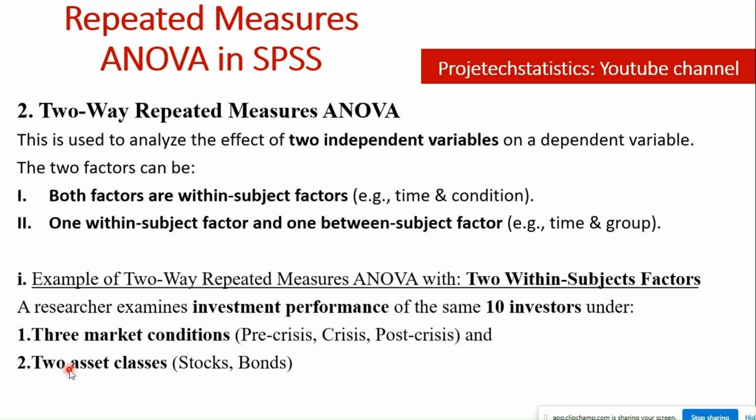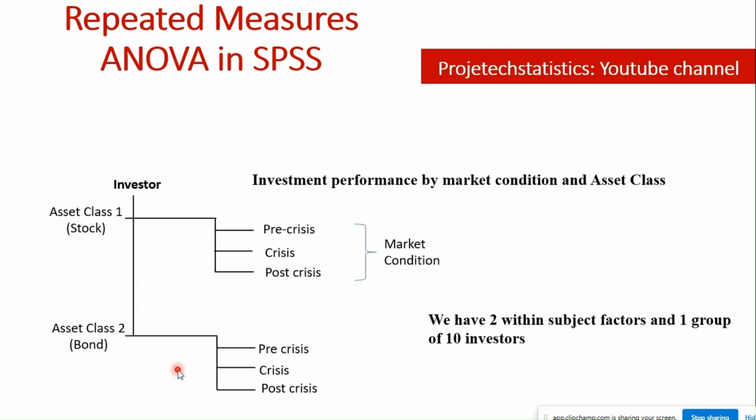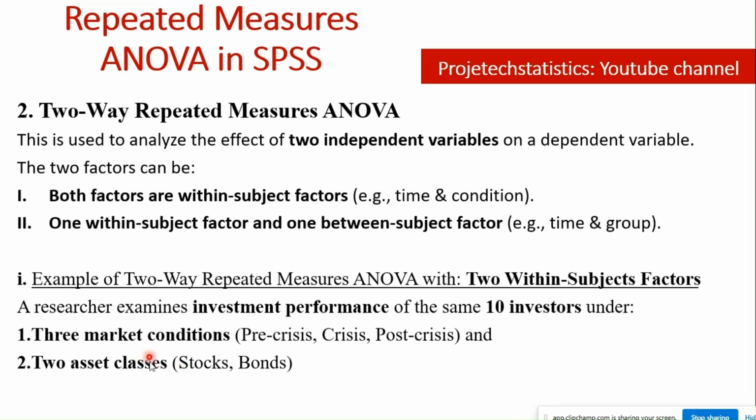and two asset classes. You see, here now we have two independent variables, market condition and asset class. That is why it is a two-way repeated measures ANOVA.